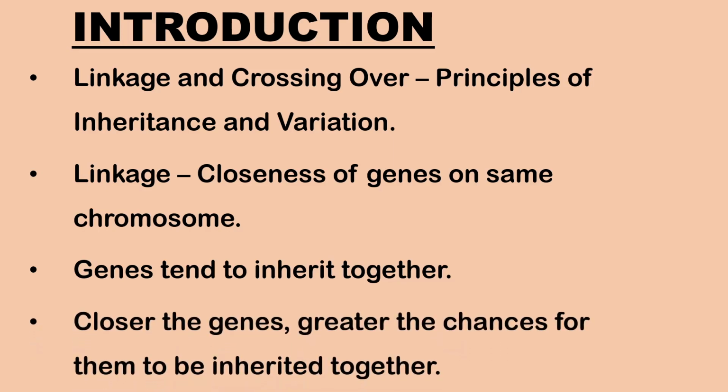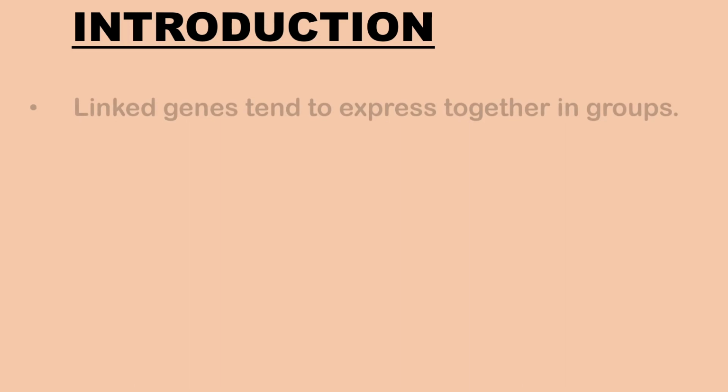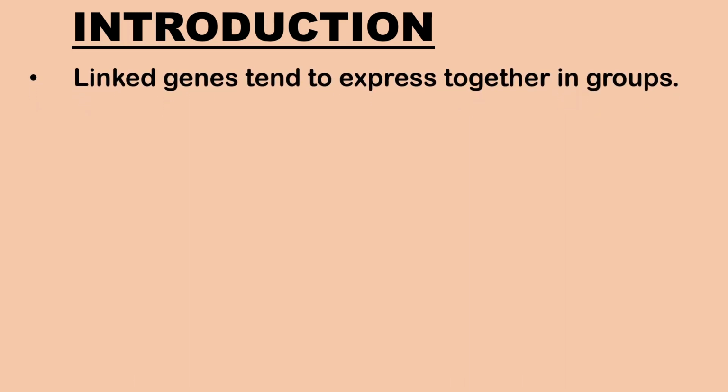If two genes are located close to each other on a chromosome, greater will be the chances for them to be inherited together, or, in other words, they are less likely to experience recombination or crossing over. Linked genes tend to express together in groups from one generation to another generation.